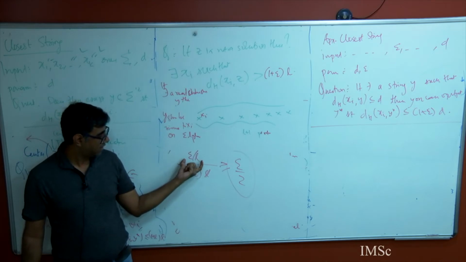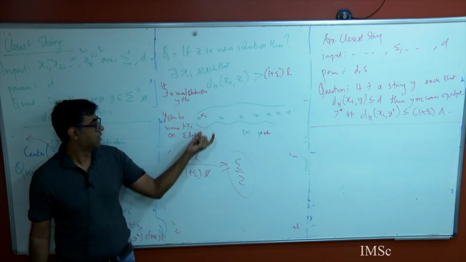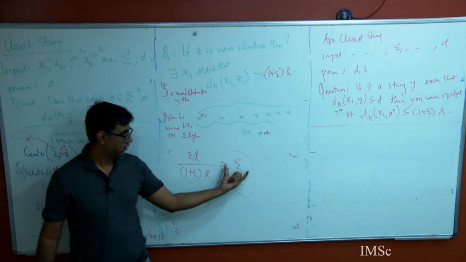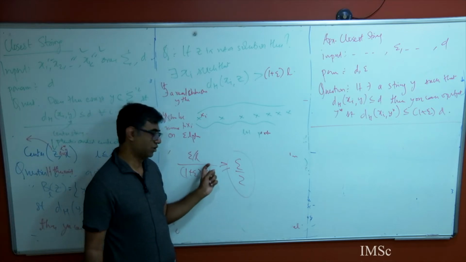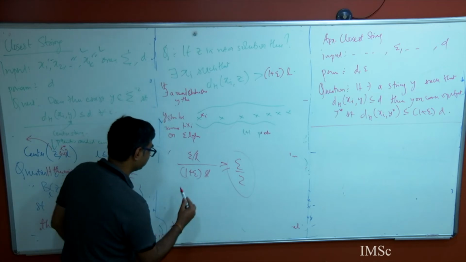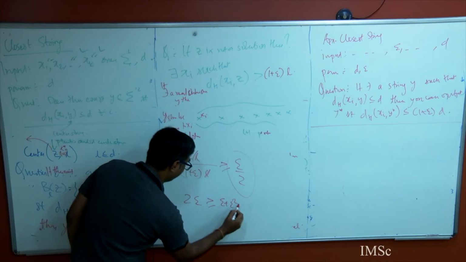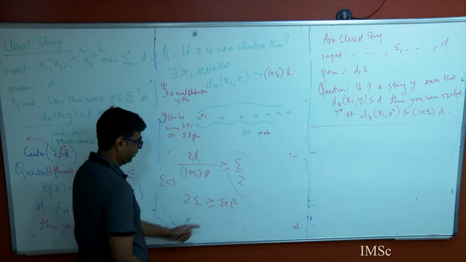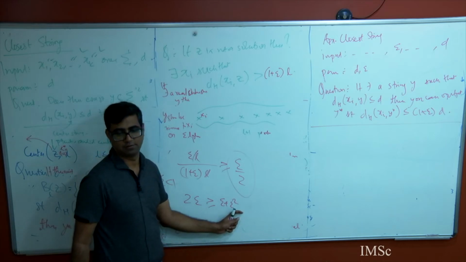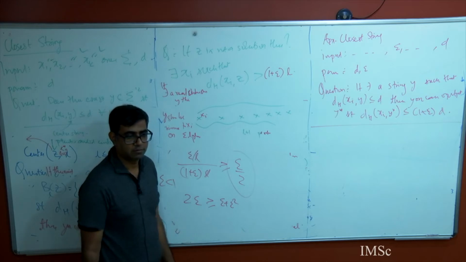The probability that I will be correct in epsilon L places where I should be same as this string, out of the total number of places where I differ, is epsilon by 2. You can show epsilon by 1 plus epsilon is more than epsilon by 2, because 2 epsilon should be greater than or equal to epsilon plus epsilon square, if epsilon is less than 1. So this is fine. But what is the running time of this algorithm then?